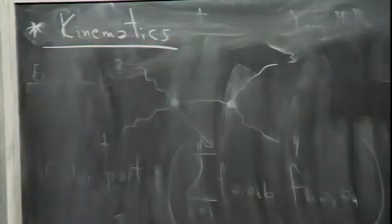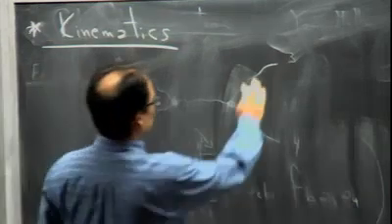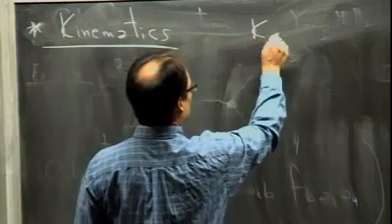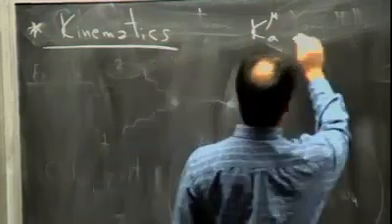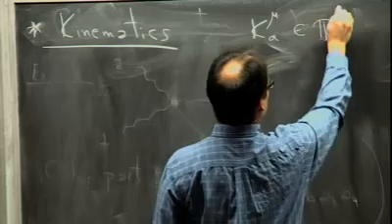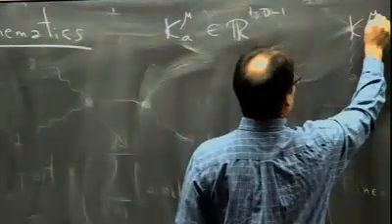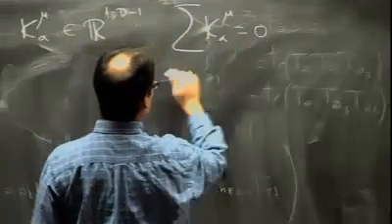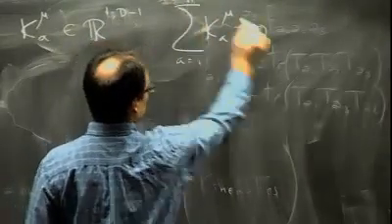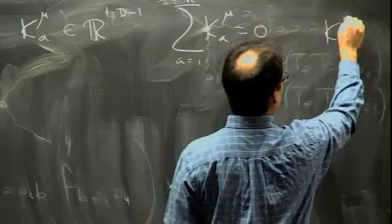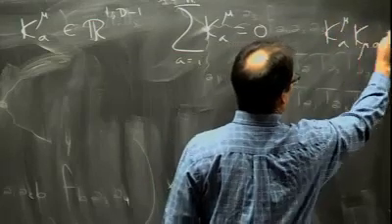Why do we have to worry about kinematics? Well, the reason is that we have k vectors, they have to satisfy a linear constraint, but they also have to satisfy n quadratic constraints.